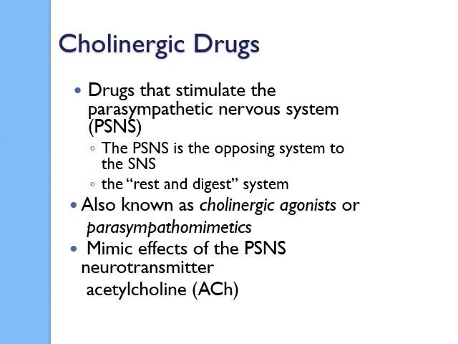They mimic the effects of the parasympathetic nervous system and their neurotransmitters, which in the parasympathetic system is acetylcholine. So we need to make that connection between parasympathetic and acetylcholine, and the sympathetic nervous system we already spoke about.